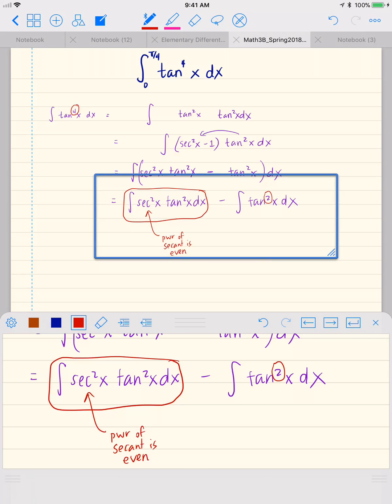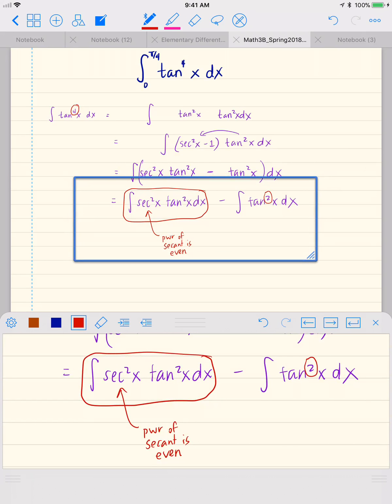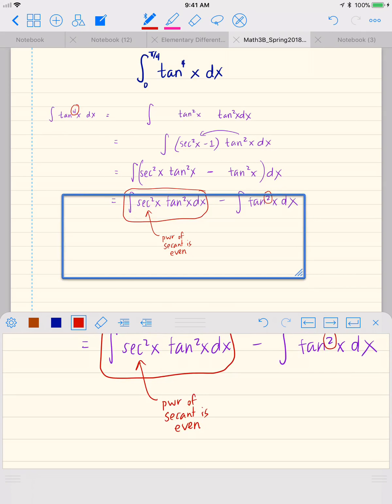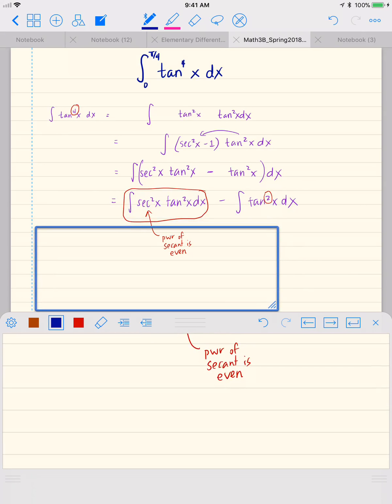So this was one of the earlier cases we discussed. And in this case where the power of secant is even, what would we do? We would pull off a secant squared. So we can figure out the integral of secant squared x tan squared x dx.